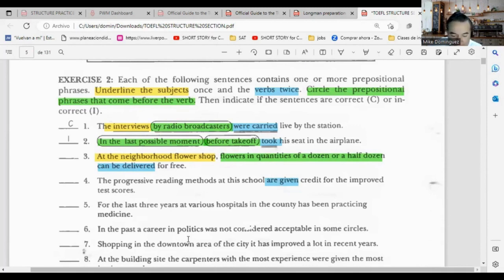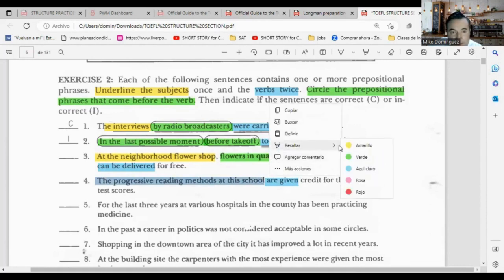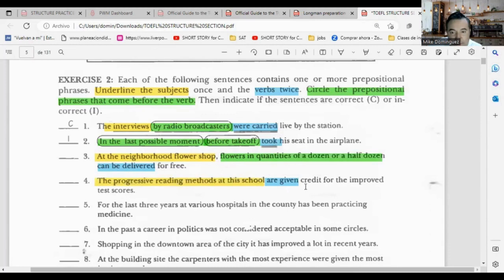The progressive reading methods at this school is the subject. "Credit for improved test scores" is green, the complementary part of the sentence. The prepositional phrases come right after the verb, "are given." Is this one correct or incorrect? Does that make sense? Credit are given.